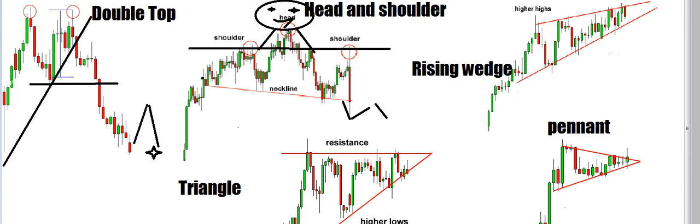A falling wedge is the opposite. It's where you're getting lower lows or lower highs faster. I don't use these as often, so I'm trying to use some reference stuff that I used to have. So let me explain this better.